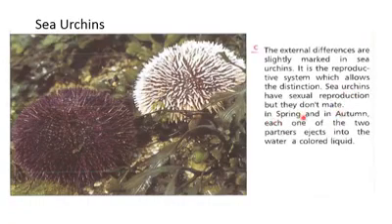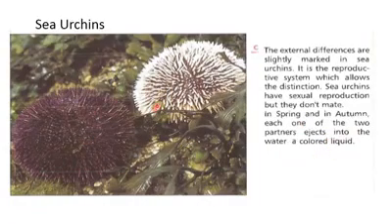Sea urchins have sexual reproduction, but they do not mate. So there is no need for a courtship parade for the sea urchin. In spring and autumn, each one of the two partners ejects into the water a colored liquid.